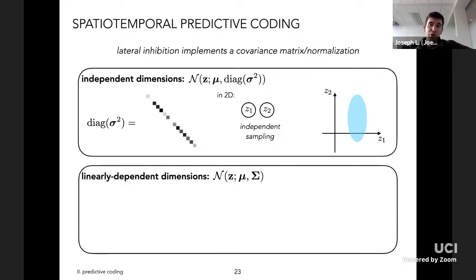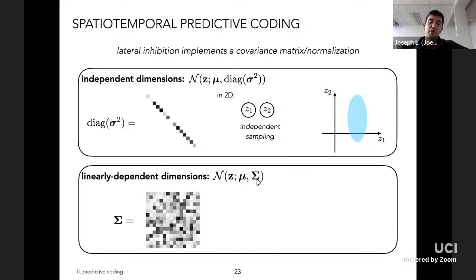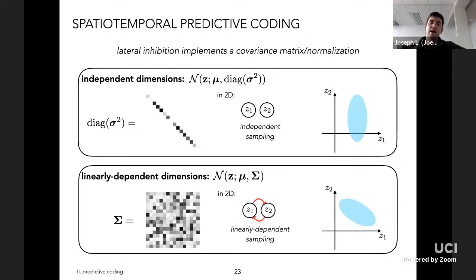In contrast, we could have a full covariance Gaussian, potentially. This would have a full covariance matrix, where we have more than just the diagonal terms. And now you can think of this as having some communication between the two dimensions. What that really amounts to is being able to rotate this Gaussian distribution.